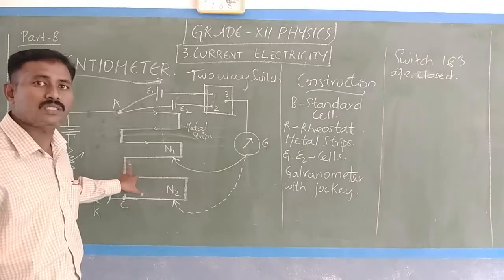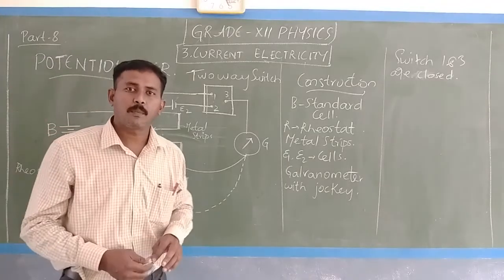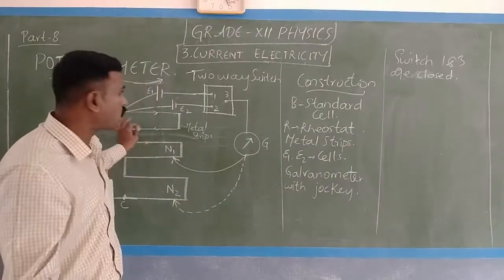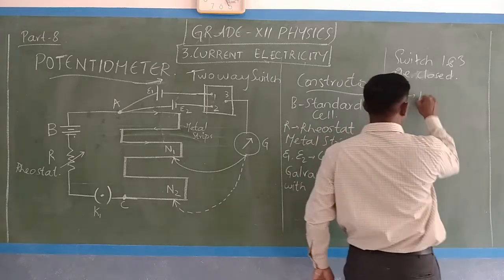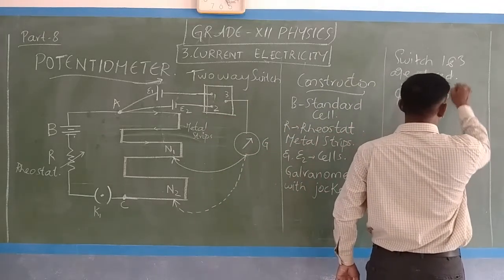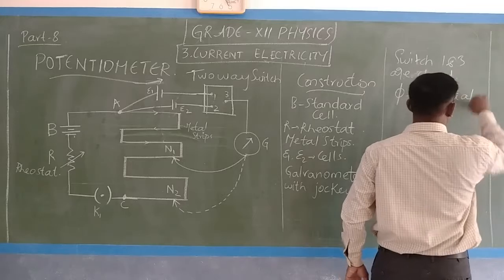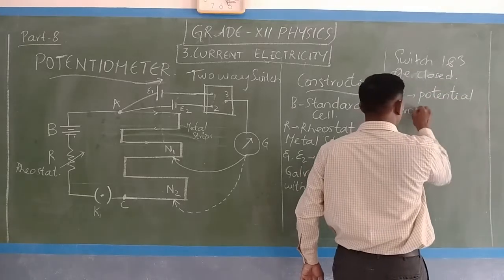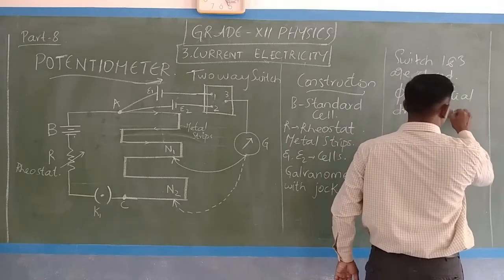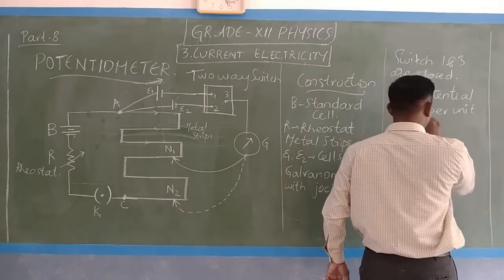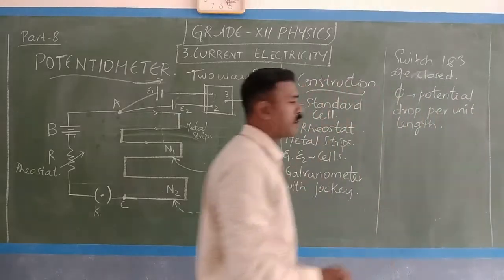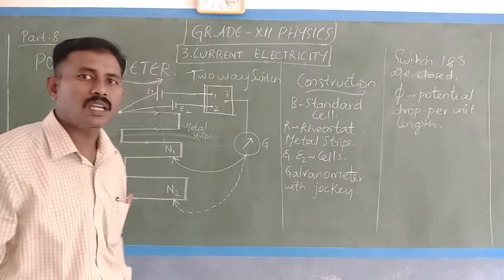Okay, this wire has uniform dimension. The potential drop in this wire is represented by phi. Phi is the potential drop per unit length.